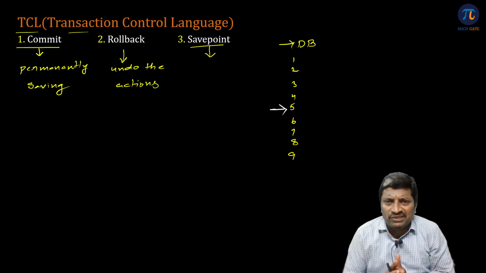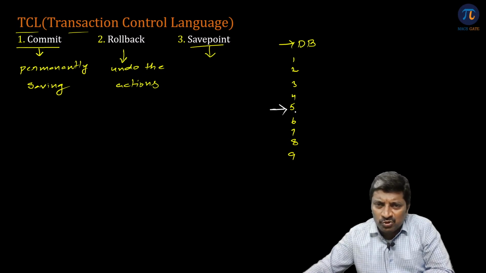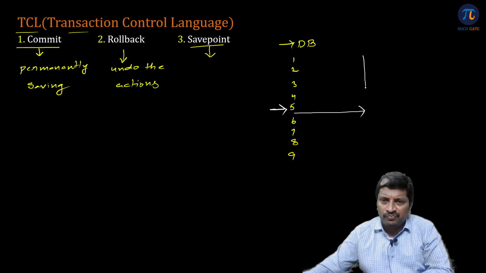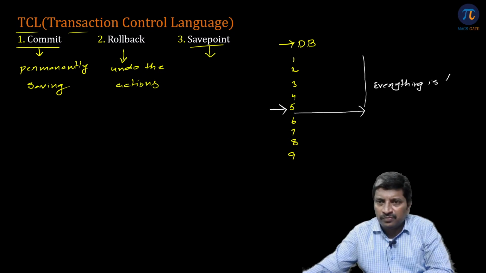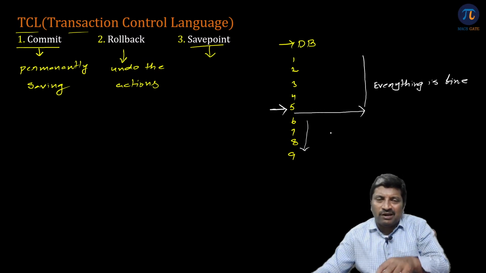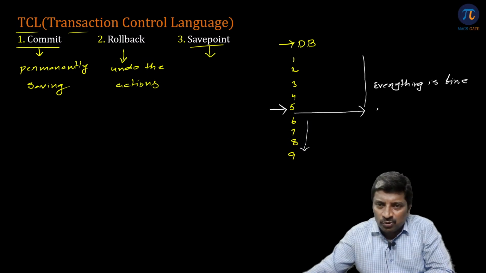I am damn sure that there is no need to change or undo up to here. Everything is fine. And these I am not sure about. I am trying or making some experiment. Then what I do is save point.